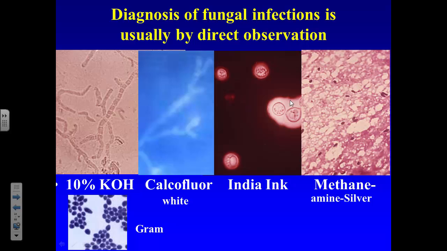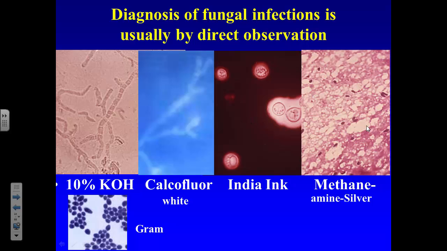And if we see yeast cells with a halo due to a capsule, we'll say it's Cryptococcus. If there's no halo in the yeast cell, we'll say it might be histoplasmosis. So India ink preparations are very important. And again, the halo indicates Cryptococcus, and no halo would probably be Histoplasma.